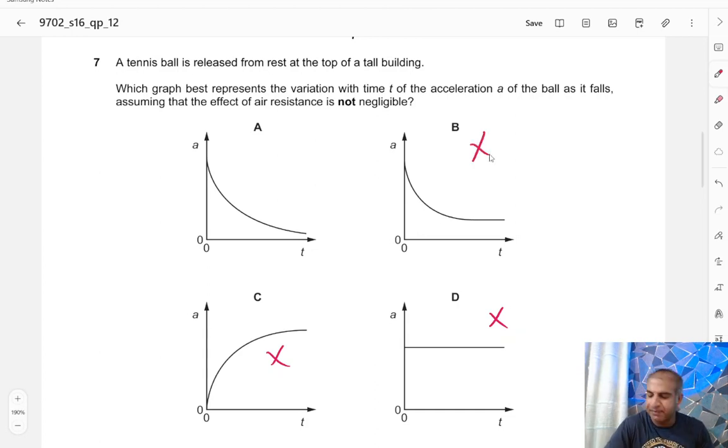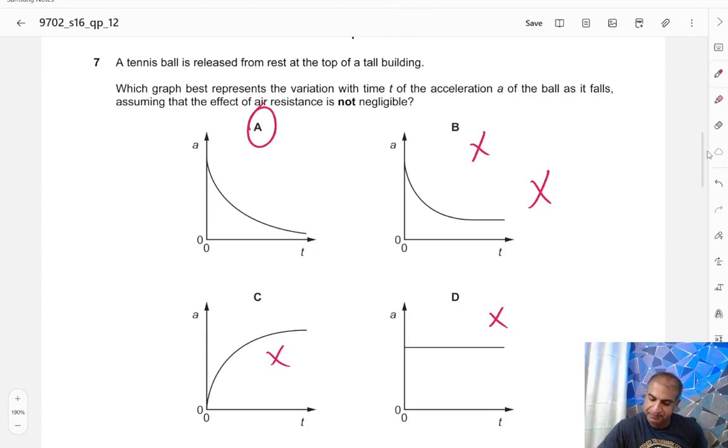B cannot be correct because it suggests that acceleration becomes constant after a certain time, which is not true. Acceleration should become zero after some time, if it does not hit the floor very early. So A is the best option over here.